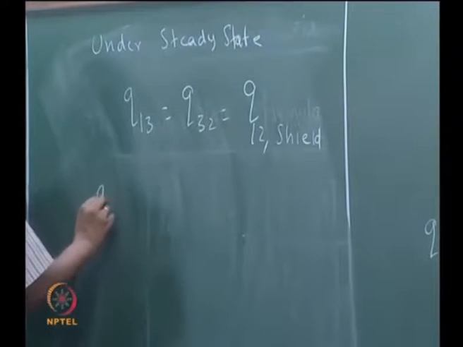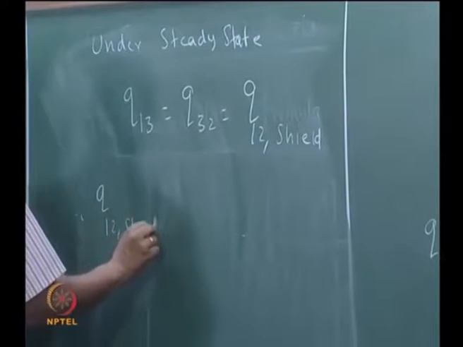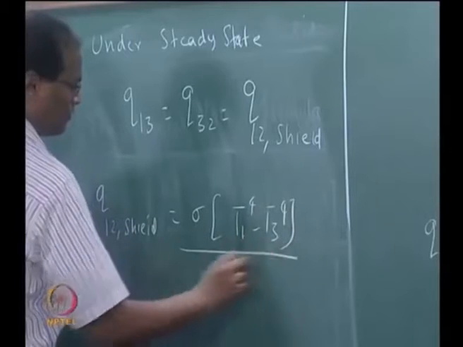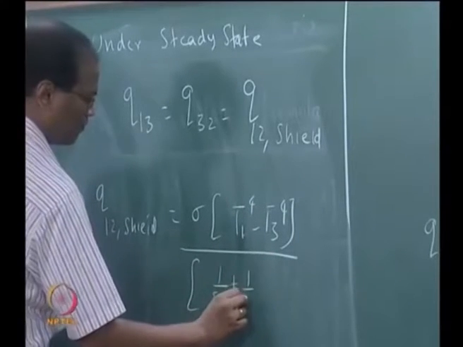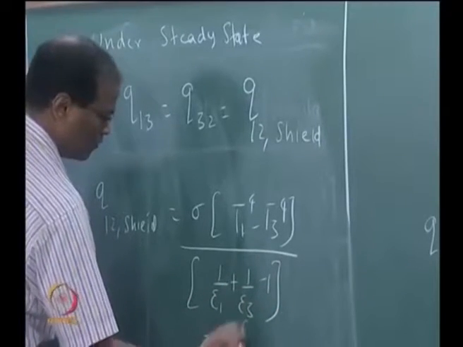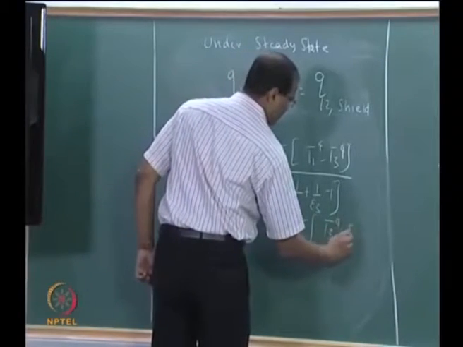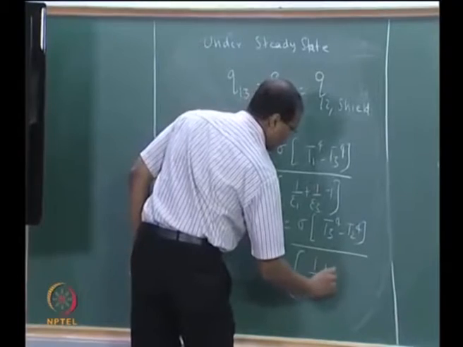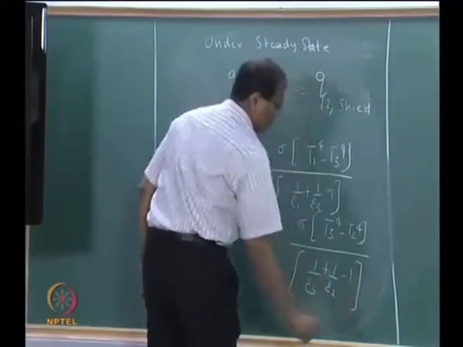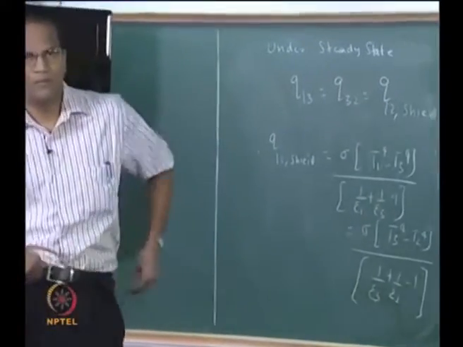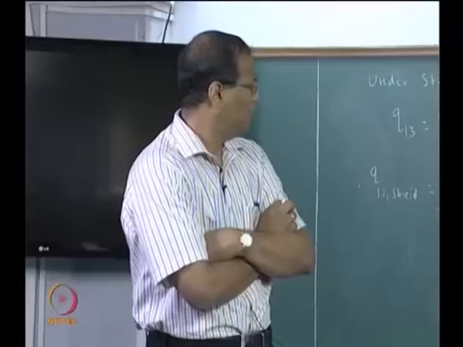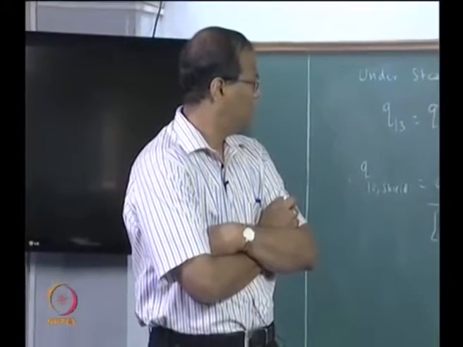Therefore, why? From 3 the radiation can go to 1 and 2.